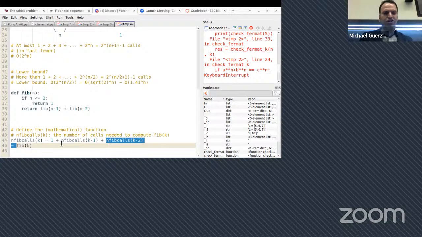So the reason this is cool is because fib k is, we said, just mathematically, you can prove that that's phi to the k, phi divided by square root of 5 to the k. So O of phi to the k.